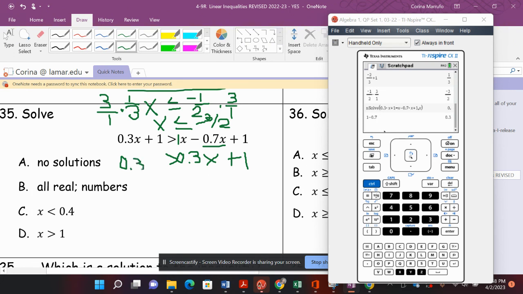X plus 1. Oh, this is why it gave me 0. So that means that this one's going to be all real numbers because it's the exact same thing on both sides. Ooh, but because they're equal, let's see. We subtract the 0.3x. And what we do to one side, we have to do to the other side.